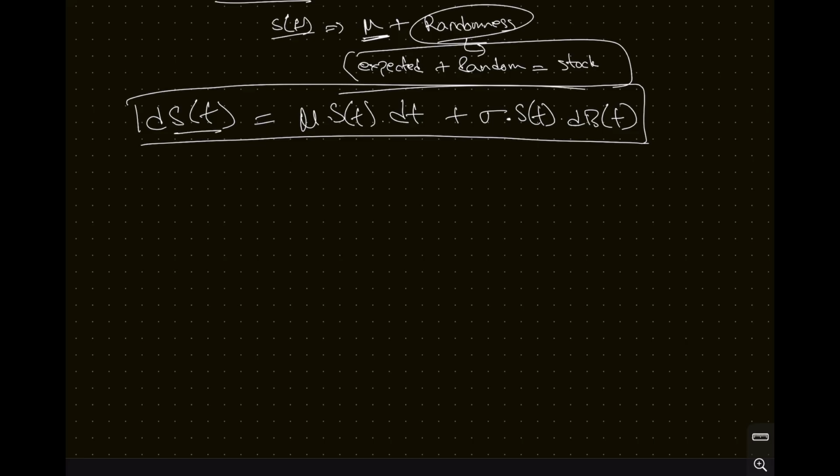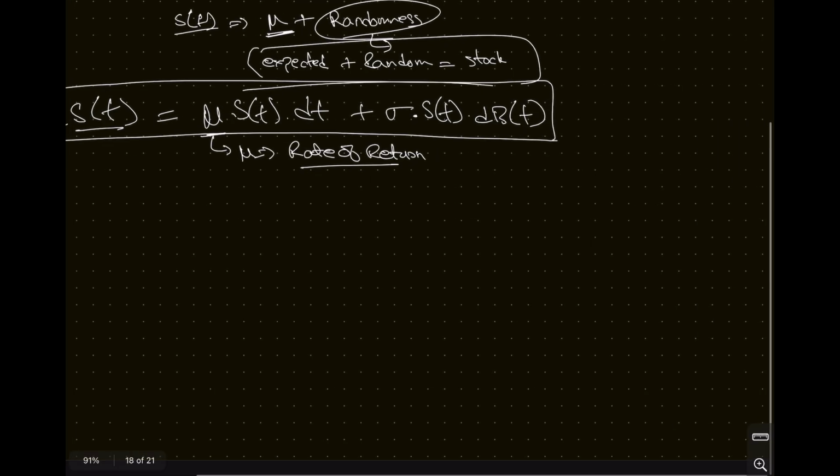So at the time t, the small change in the stock price, mu here is the rate of return. The average rate of return is the mu that we have. Let's say today the price is x and the next day it's 2x; if it's 2x it's a 100% return. Based on the returns we analyze it and calculate the average return for the entire portfolio in the time duration that we've decided.